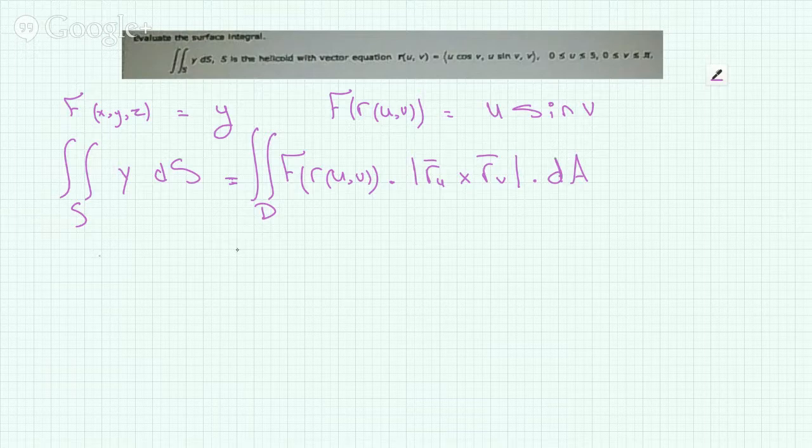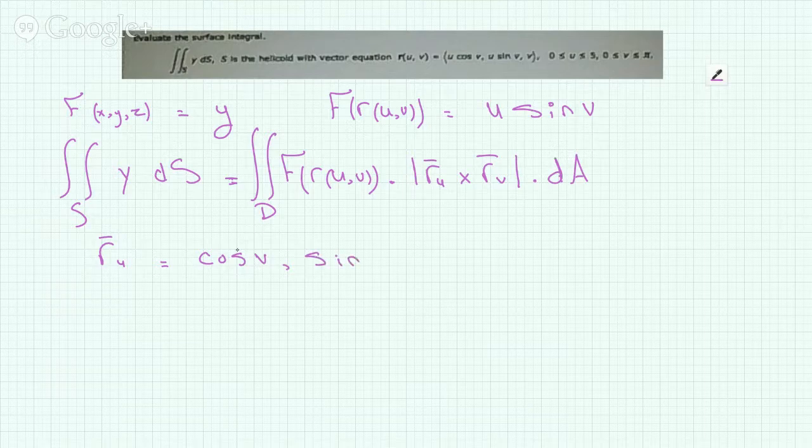And let's go ahead and figure out the partial derivatives. r_u will just be cosine v, sine v, 0. So I'm taking the partial derivative of r with respect to u, and I hold v constant.